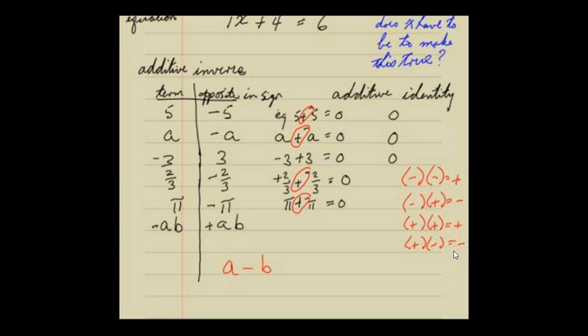Because in A plus minus B, the minus and the plus are juxtaposed, beside each other. A plus and a minus, which is here, becomes a minus, which is here. So we can simplify the juxtapositioning of signs, and there are only two, plus and minus.